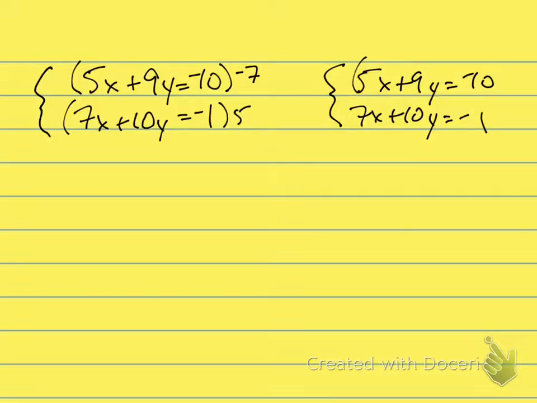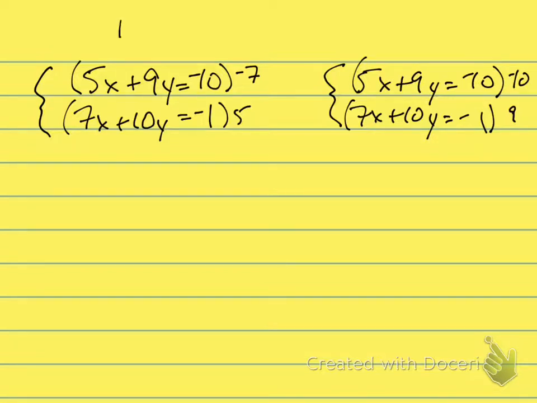The other thing you might have chosen to do is multiply everything here by like negative 10 and everything here by 9 to get a 90 and negative 90 to cancel. And the negatives could be switched as long as you have one negative, one positive. I personally would probably just mess with the 7 and 5 because they're smaller, but either way will work.